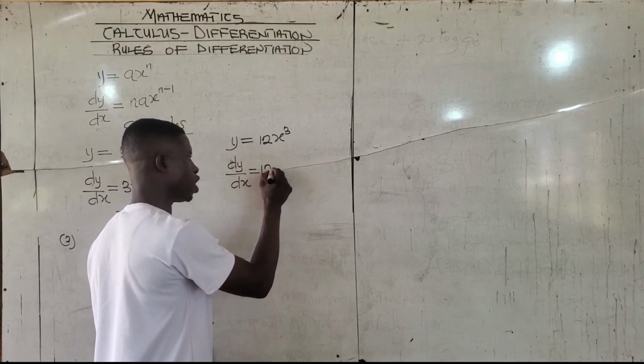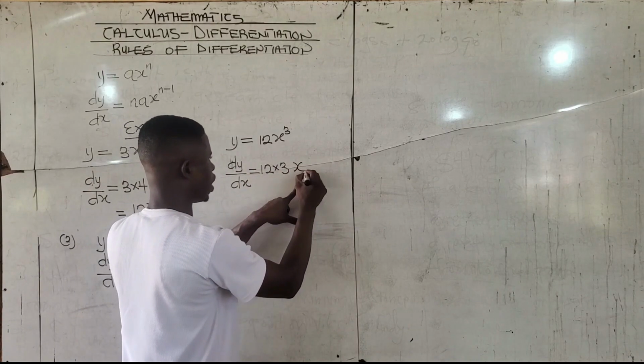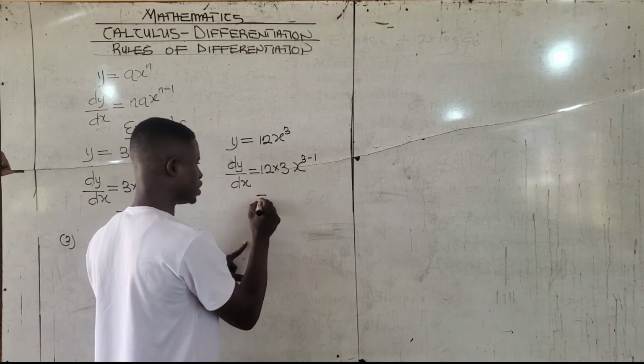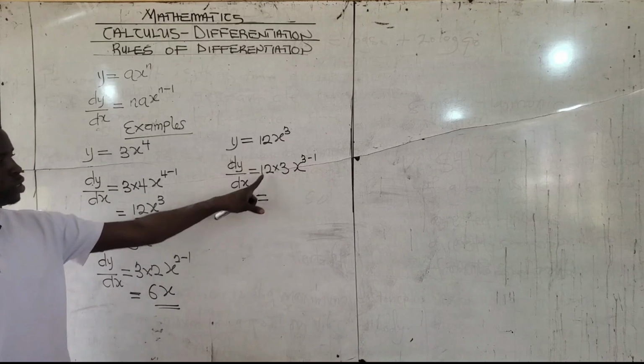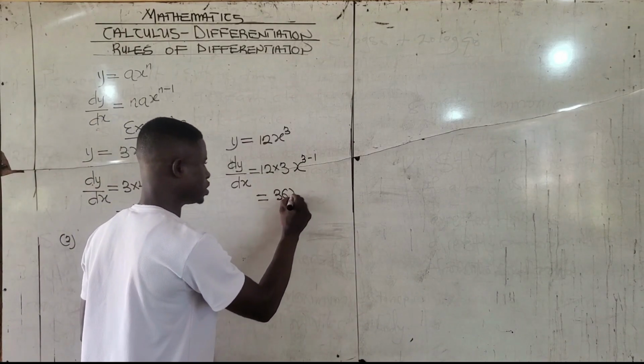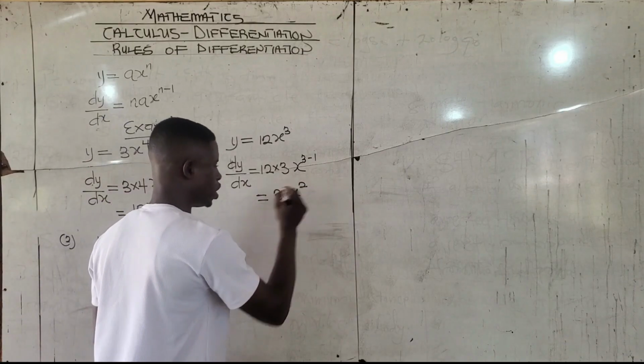So we are going to have 12 times 3, then this is our x, then 3 minus 1. So in effect, 12 times 3 will give us 36x. Then the exponent is reduced by 1, so we get x to the power 2.